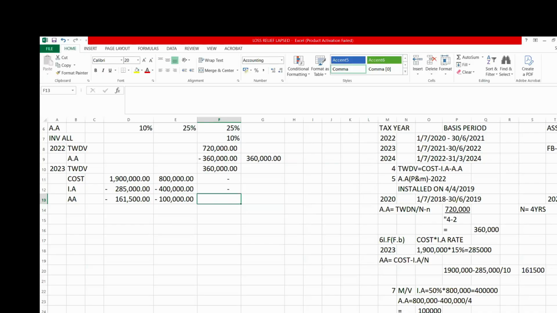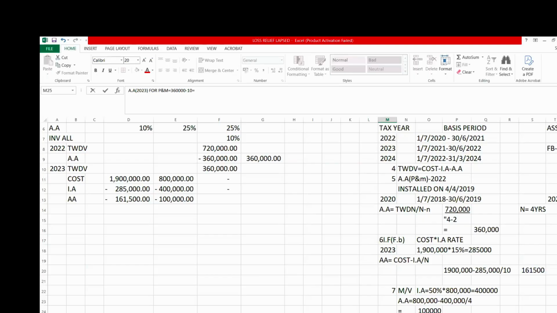So the annual allowance in 2023 for plant and machinery will be 360,000 minus 10 naira, the value to be retained.